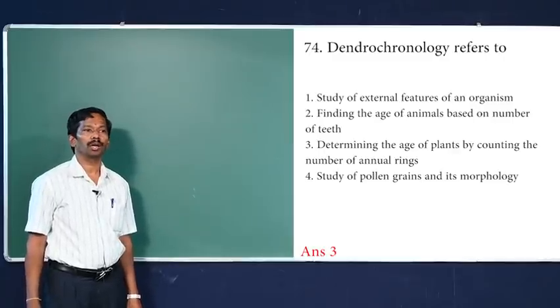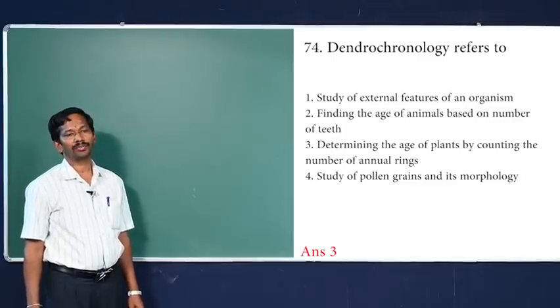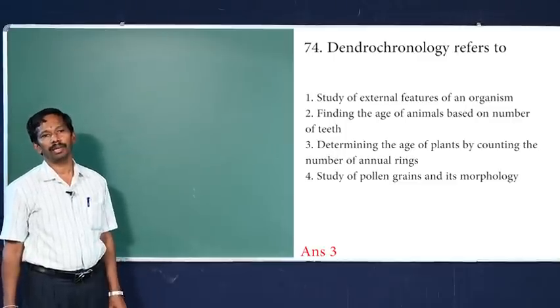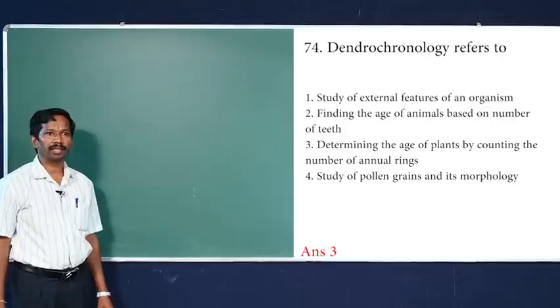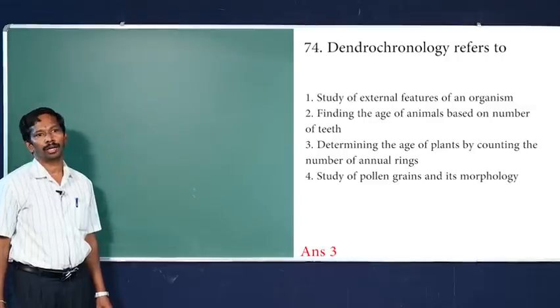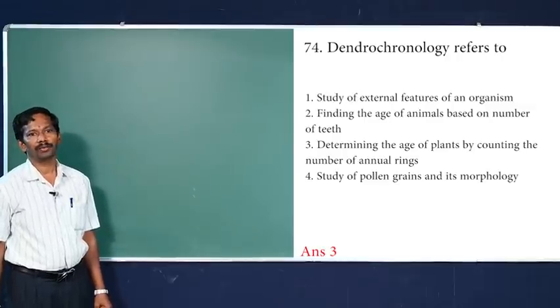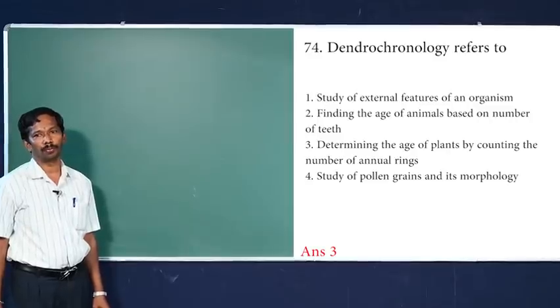So answer should be 3, because after many years of secondary growth, annual rings can be properly counted, and based on annual rings, the approximate age of the plant body can be determined, and that method is called dendrochronology. Dendro means wood, chronology means age. So dendrochronology is finding the age of plants by counting annual rings. Answer is 3 for question number 74.